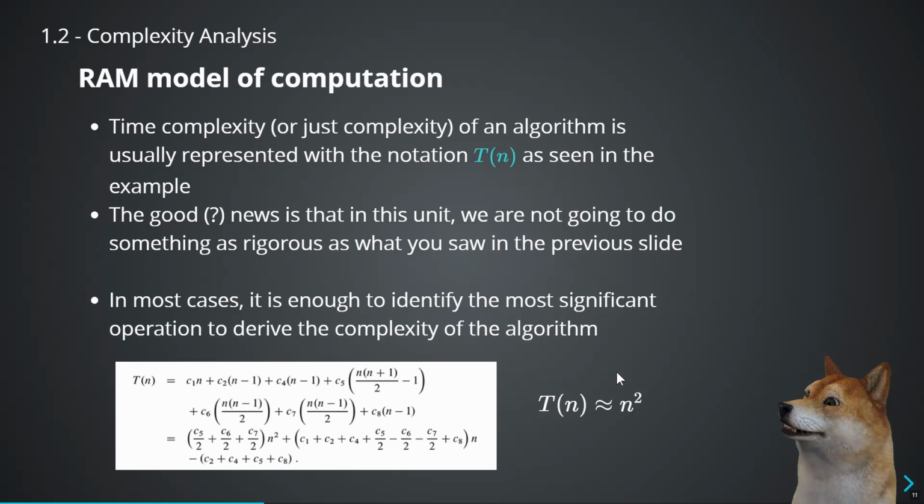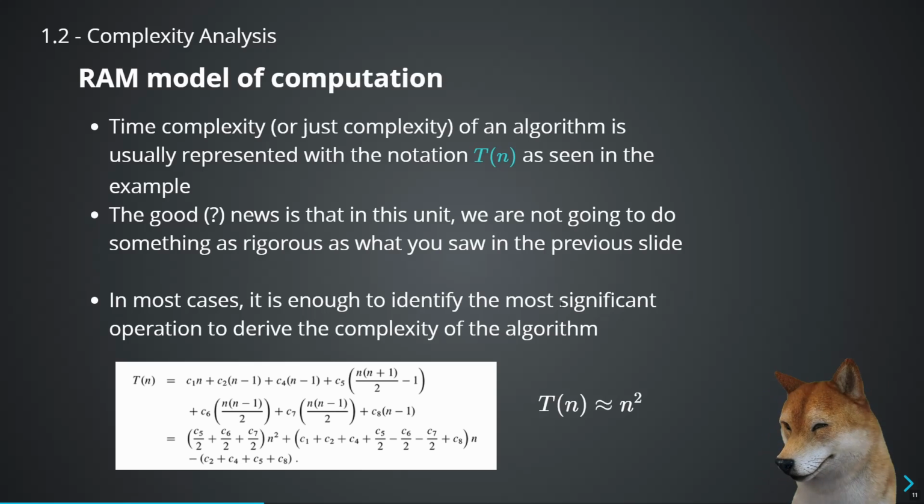Because in most cases, it's enough to just identify the most significant operation, and then you can work out the complexity of the algorithm from there. So from what you can see down there, the most significant term is the n squared. So you can say that this algorithm is n squared. We're going to talk more about this in a bit.